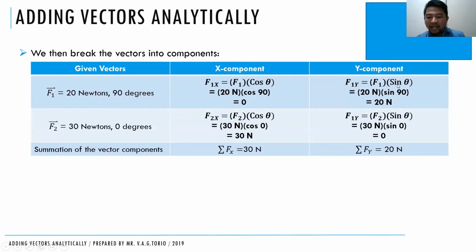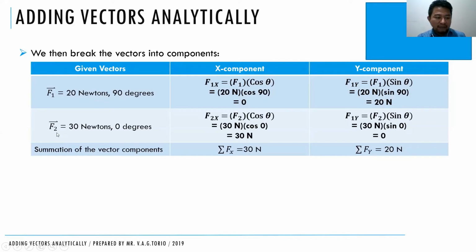And F sub 1 times sine theta for the y component. Again, we recall that in order to compute the y component, we need to multiply the magnitude of the given vector by the sine of the angle theta, and again, the angle theta is 90 degrees. So sine 90 is 1, times 20 newtons is 20 newtons.